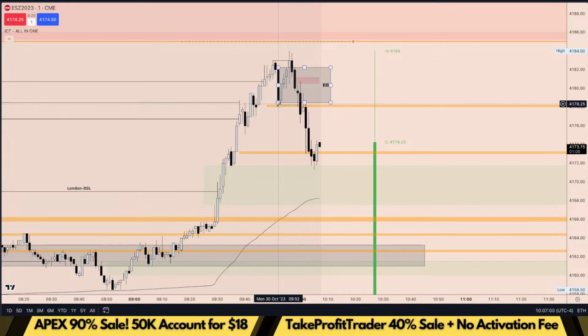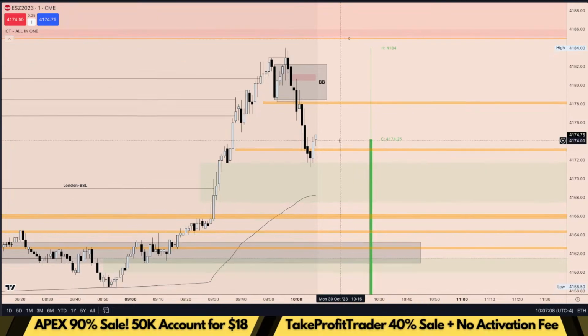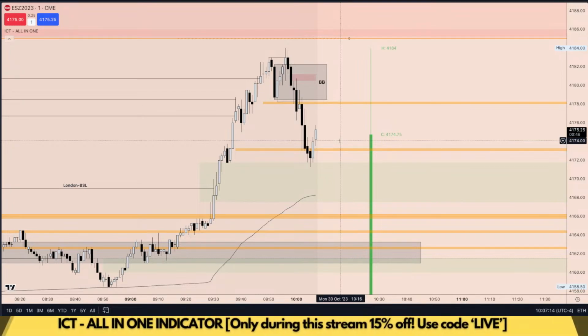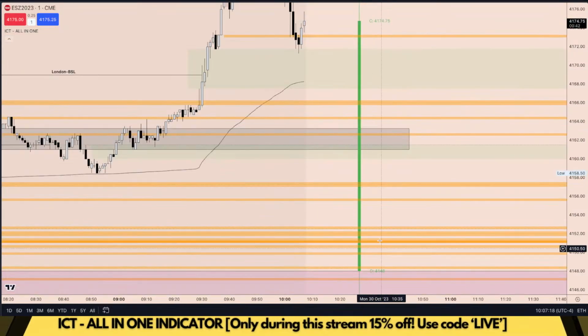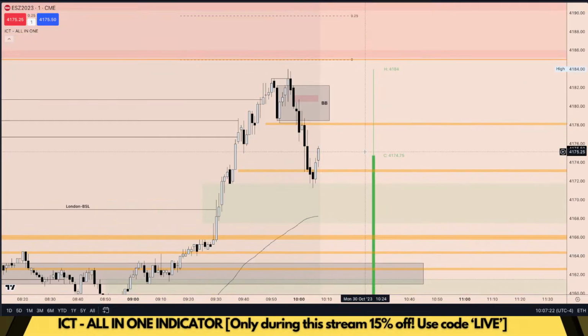I don't know, I didn't like how we didn't take out this previous day's high. In my opinion, from my perspective, I would deem it lower probability to get a full reversal into the current low of the day, which would be down here at 4144 on ES.